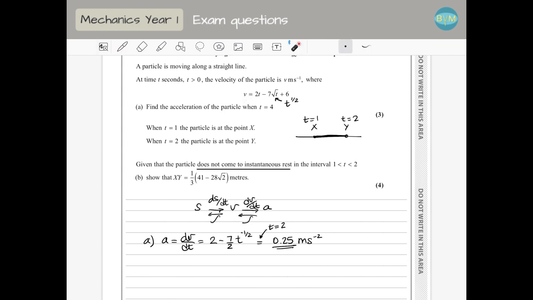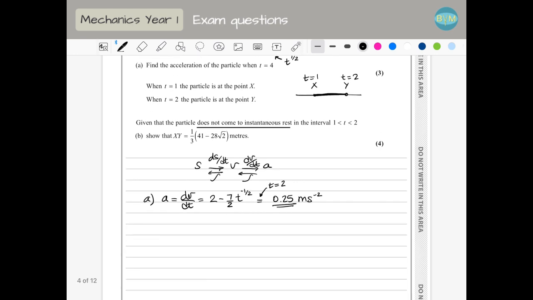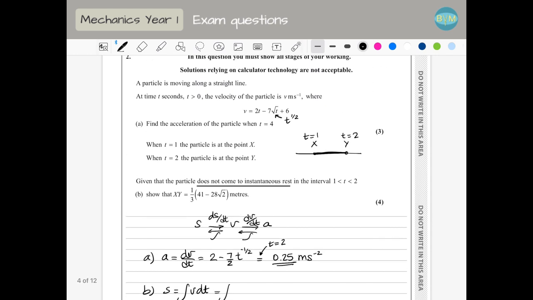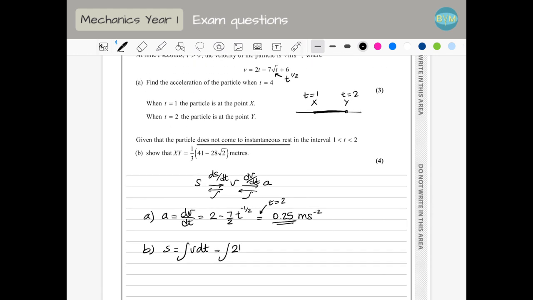We have velocity, and now we are talking about distance, displacement, so we are going to integrate the velocity. If we don't have limits of integration, the displacement is going to be the integral of the velocity dt, so it's going to be the integral of 2t minus 7t to the power of a half plus 6 dt.